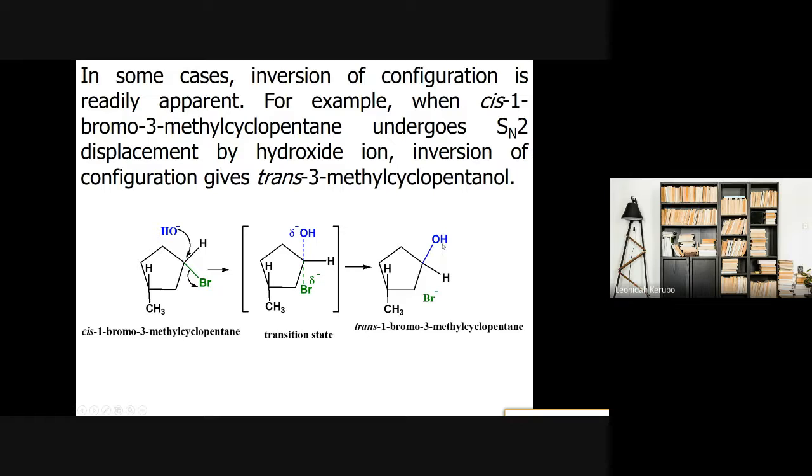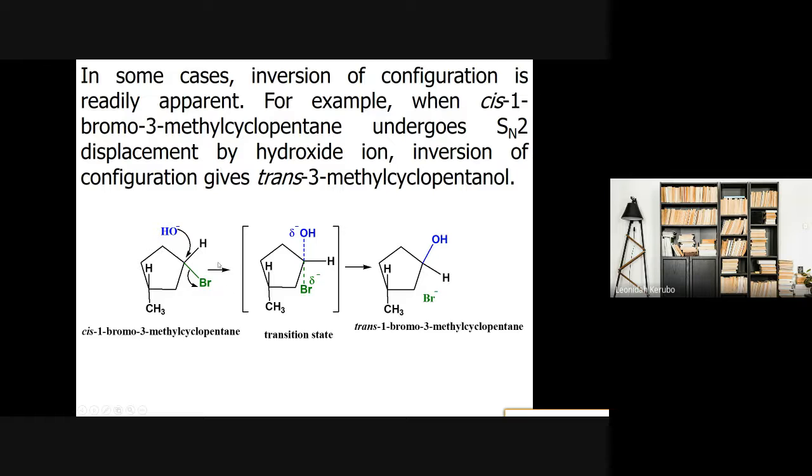Then of course, when you have the hydroxyl group, remember this is a ring which has two sides. One side is the one having the bromide, and you also have this other substituent. There are two substituents. This is the cis isomer where the two substituents are on the same side of the ring. If the bromide is on one side of the ring as the methyl, it means the hydroxyl group will attack from the opposite side of the bromide.